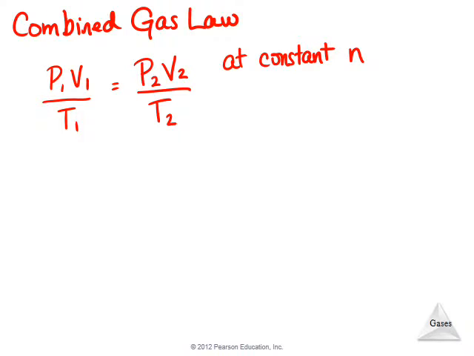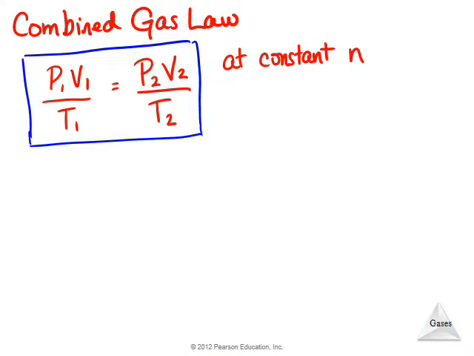Okay. When that happens, we can use one equation to remember all 4 of those, because you think about it. If any of those 3 equations, Boyle's, Charles', or Gay-Lussac's, are used, one of the variables has to be constant. Okay? So, let's assume that we have a gas where the temperature is held constant. Well, if the temperature is constant, T1 and T2 are equal to each other, right?